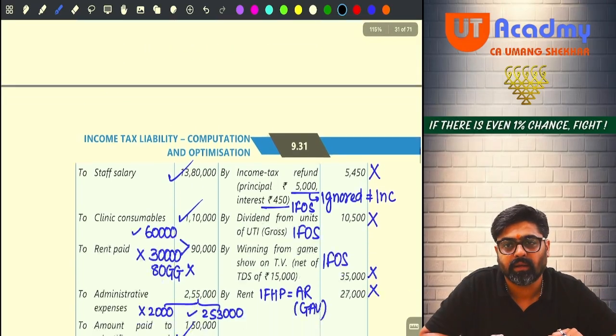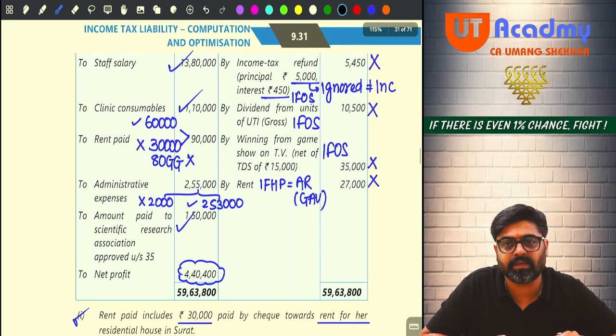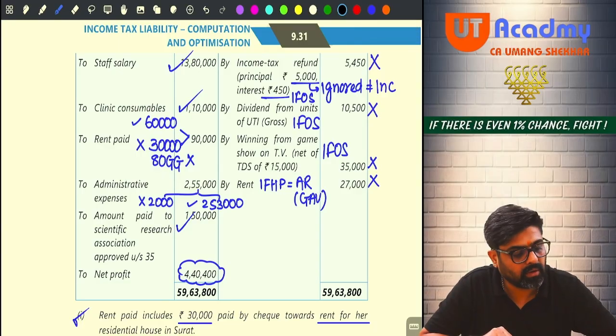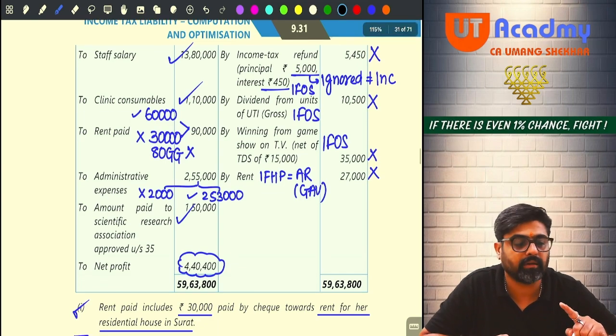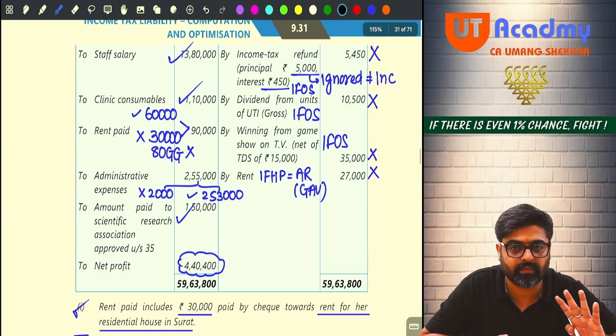Incomes are there. The incomes which are not taxable under PGBP, reduce. Income tax refund 5450. Have you added it? No? Will you reduce? Yes. Reduce 5450. Then reduce 10,500. Then reduce 35,000. Then reduce 27,000. On your calculator, you must be getting 3,94,450. Wait. This is not your PGBP income.